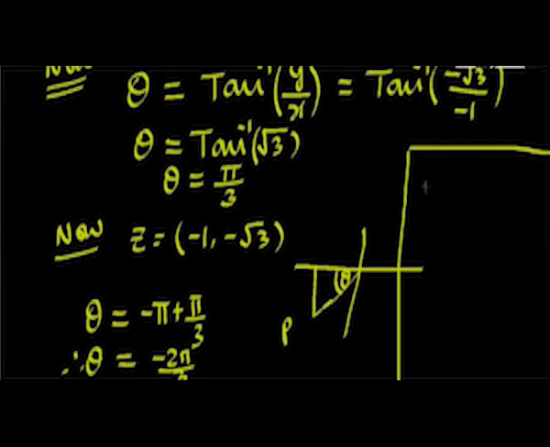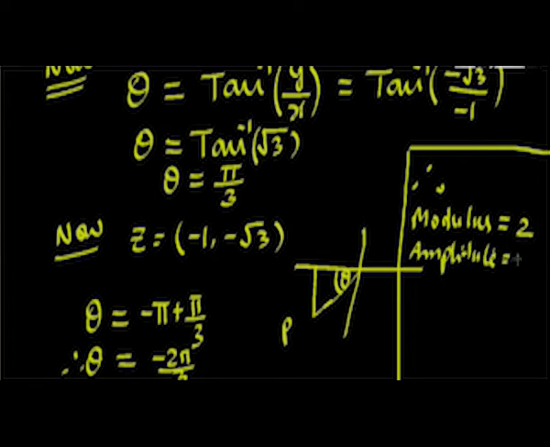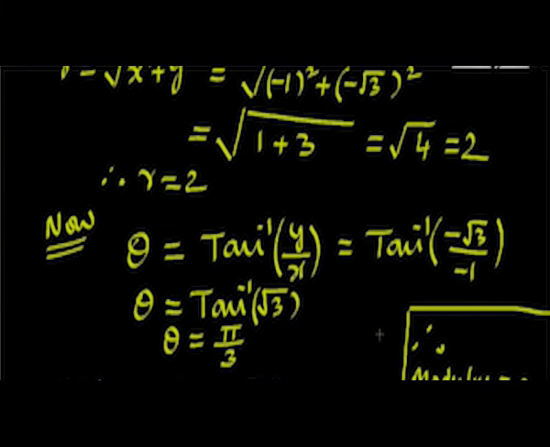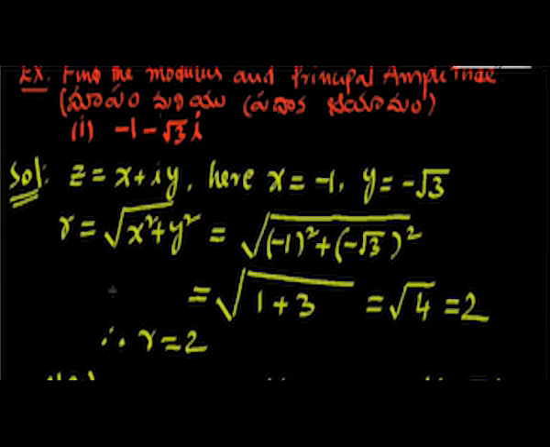Now therefore the modulus is equal to 2 and amplitude is minus 2 pi by 3. So this is how we find the modulus and amplitude of any given complex number.